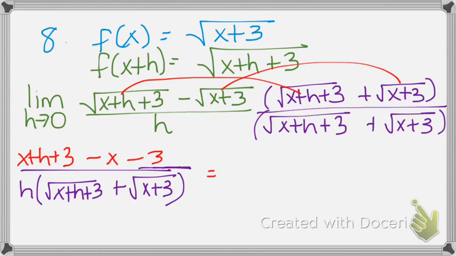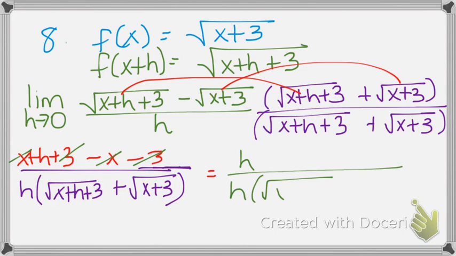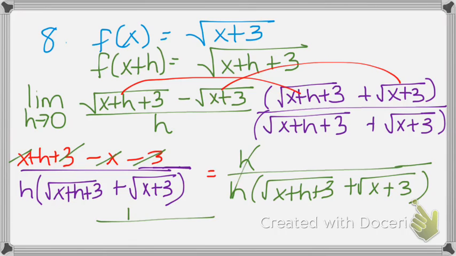Alright, so the x's go away, the 3's go away. We've got an h on top and an h on bottom. Now what? Those h's go away, so we get 1 over all that stuff.